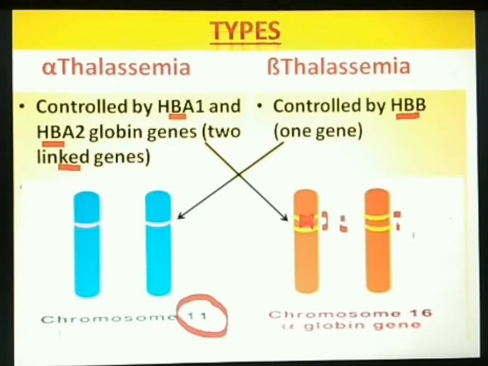And beta thalassemia will be caused due to mutation of one or both of these alleles. Therefore, beta globin chain production will be reduced. So it depends on how many genes or alleles are deleted from that chromosome. The more the number, the fewer globin chains will be produced.